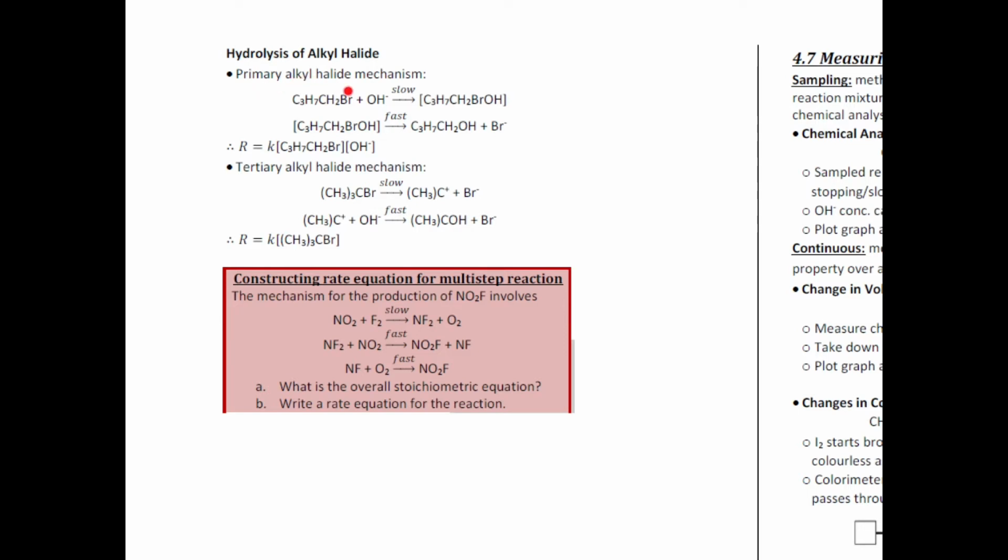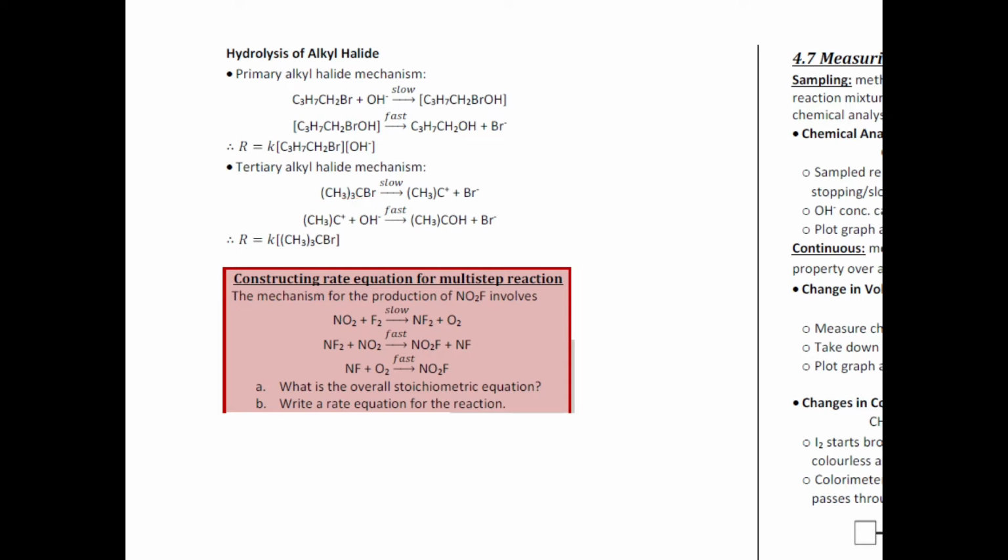Primary alkyl halide mechanism. So if you remember, primary halogenoalkane goes through SN2, okay, SN2. Tertiary halogenoalkane, SN1.